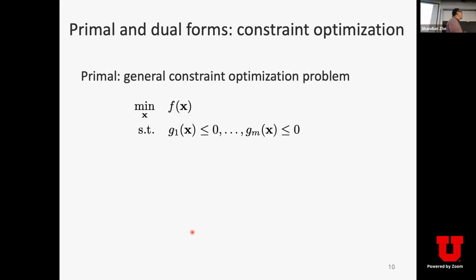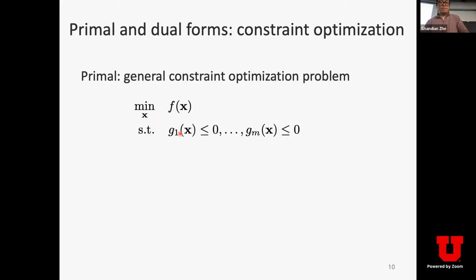So now, let us look at the primal and dual forms for support vector machines. We start with a general constrained optimization problem. Suppose we want to minimize an objective function f with respect to x, subject to a set of m constraints.